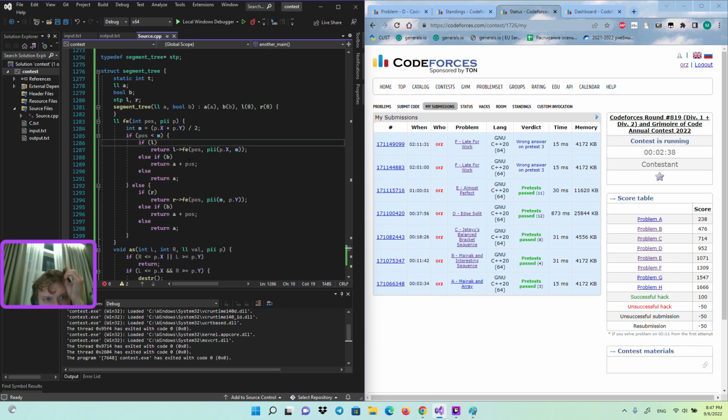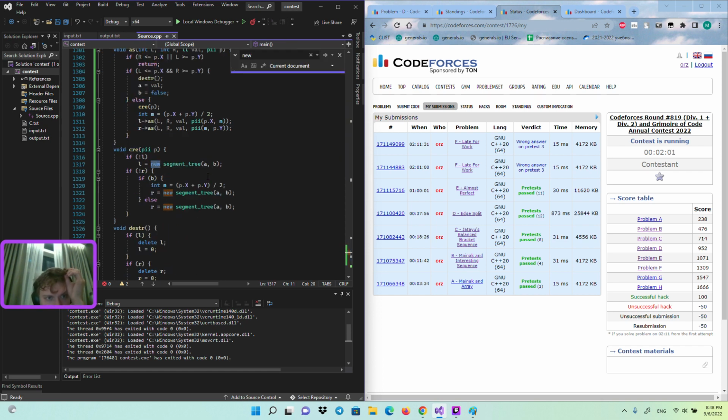If b, yes, I take a plus pos always. So I always make just new segment tree AB. Yes, yes.